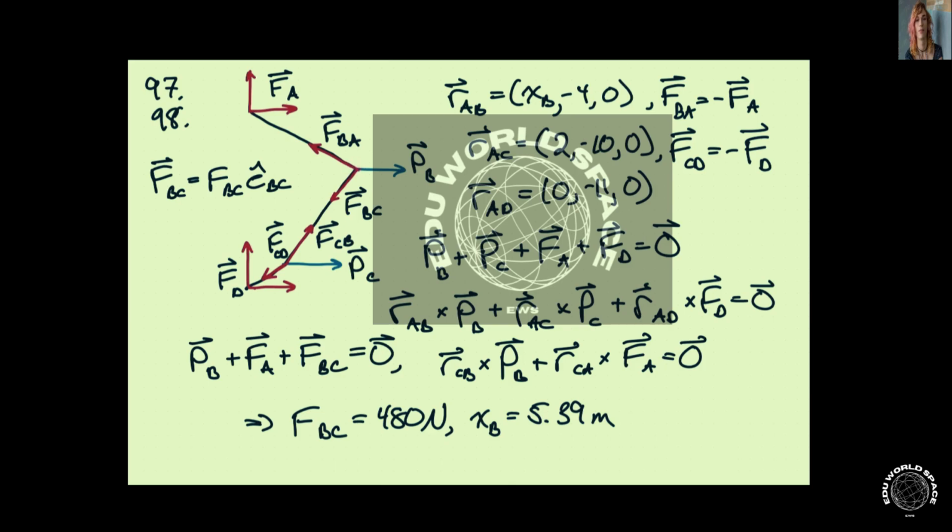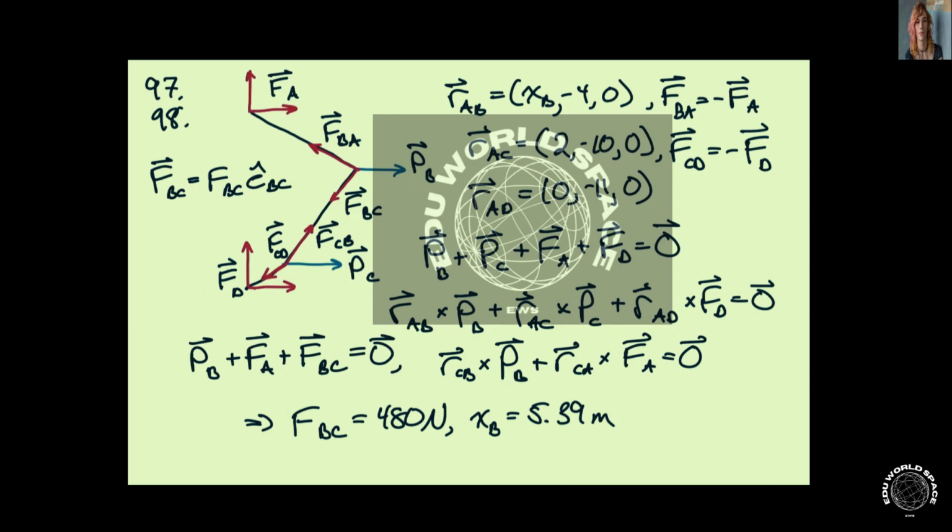So we have 6 unknowns, but we're only asked to find 2 of them. And we find that FBC, the tension in this cable there, or that rope there, is 480 newtons. And the position of this point here from the origin is 5.39 meters in the horizontal direction.